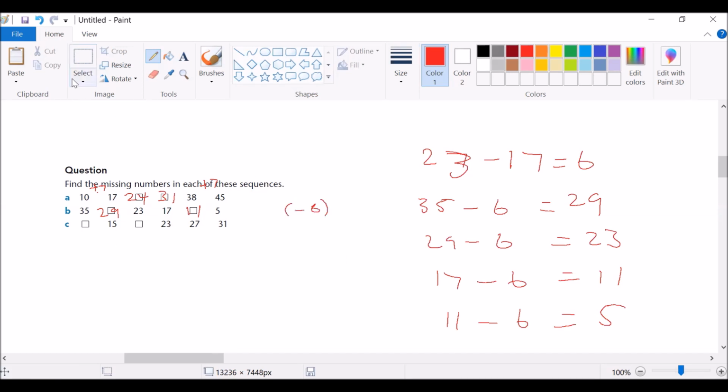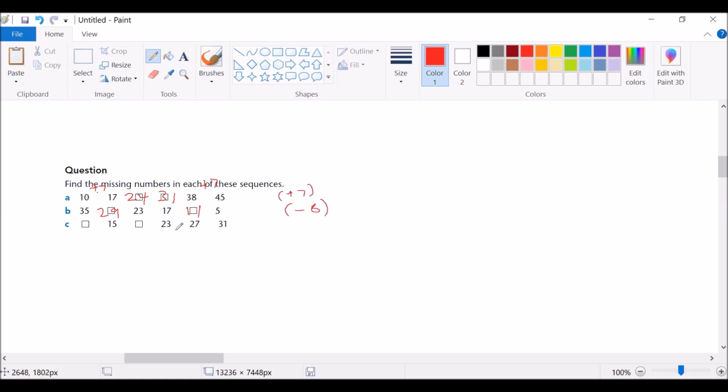Okay, let's look at C now. Let's look at the difference between these two numbers. 27 minus 23 will give us 4. 31 minus 27 will again give us 4. From 23, we are adding 4 to get 27. From 27, we are adding 4 to get 31.